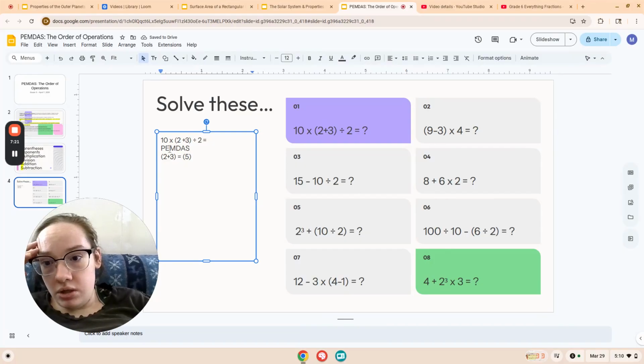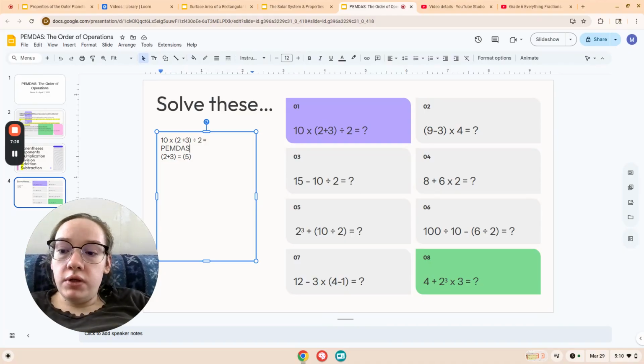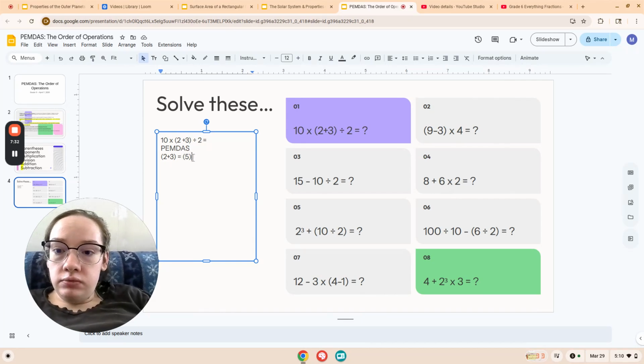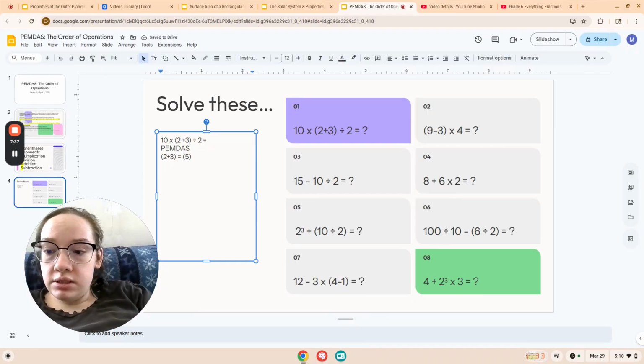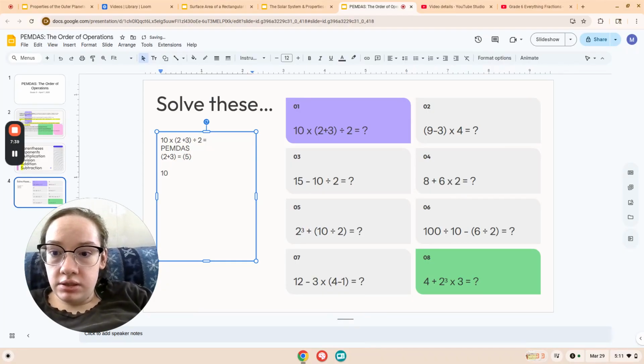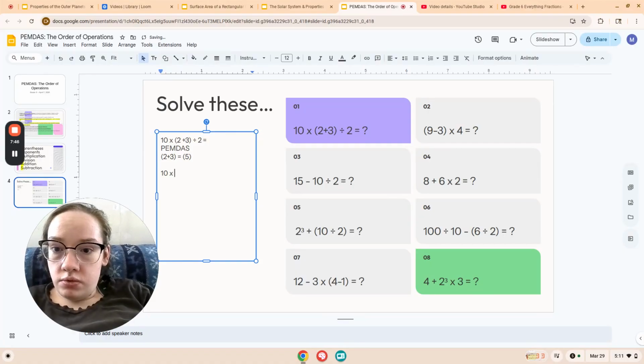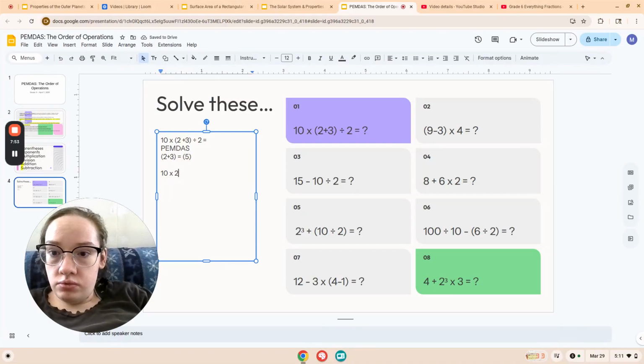Are there exponents? No. Multiplication? Yes, there is. And you're always going to solve left to right. So multiplication is over here. So I have to do 10 times whatever is in that parentheses. Oops, not 2.